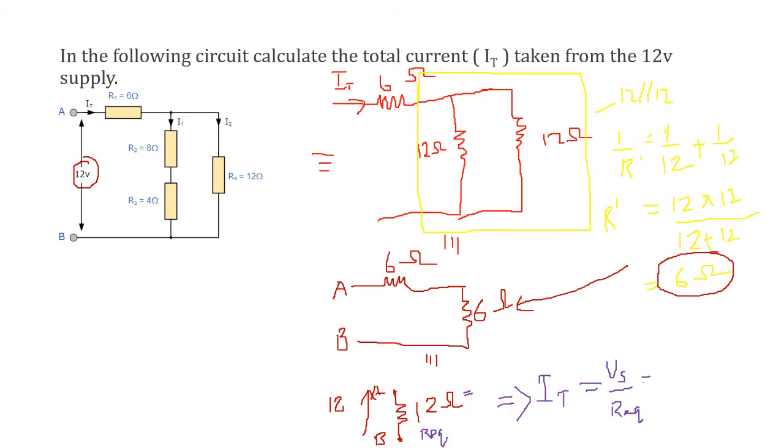So that will be equal to the supply voltage, 12 volts, over the R equivalent, 12 ohm, so that will be equal to 1 ampere. So I hope you are clear with this question. This is a very basic question.